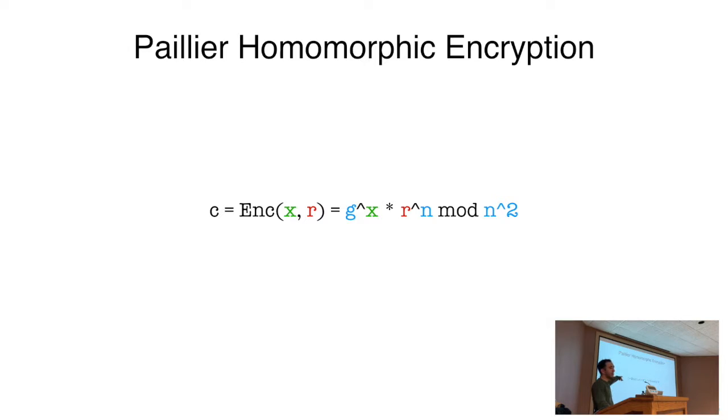It takes in this input x, which is what we want to encrypt, plus some randomness r, that's going to be just any random value, just so that there's missing information in this encryption from the other person's perspective. And then this G and N is going to be a public encryption key, and the r is going to be essentially our private encryption key.